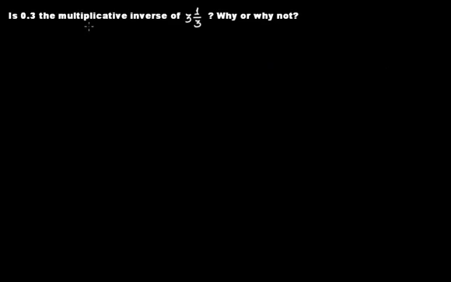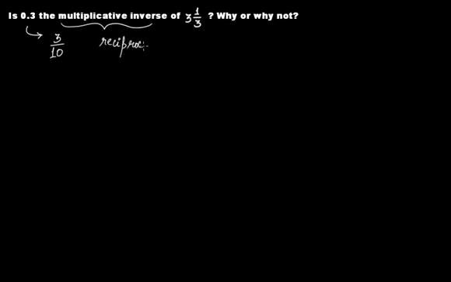Is 0.3 the multiplicative inverse of 3, 1 by 3? Why or why not? Now this 0.3 can be written as 3 divided by 10, 3 by 10. We know this, right? We have learned this. Now 3 by 10, you have to tell whether this is the multiplicative inverse or reciprocal. We know that multiplicative inverse is also called reciprocal.